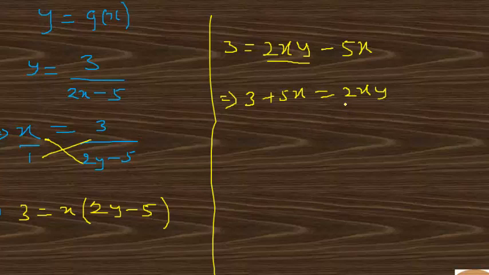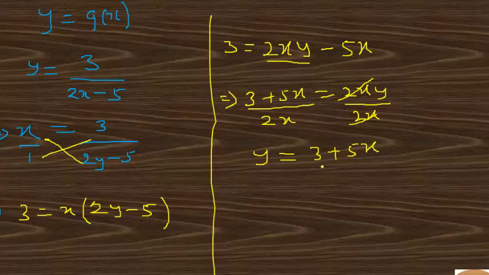So we're going to divide both sides by 2x, so this one will cancel this, so y equals 3 plus 5x over 2x.